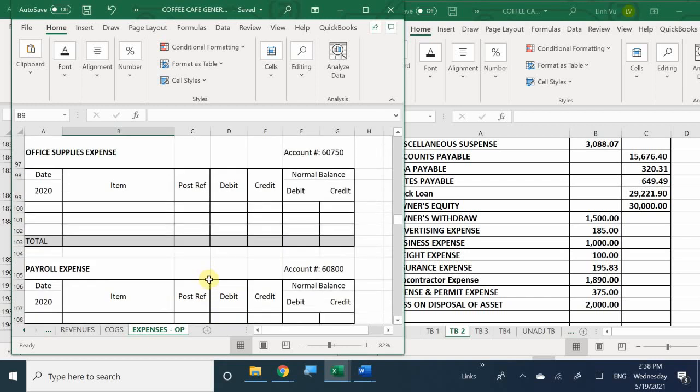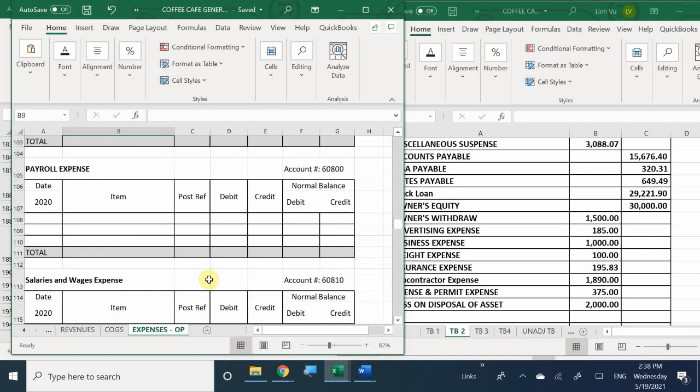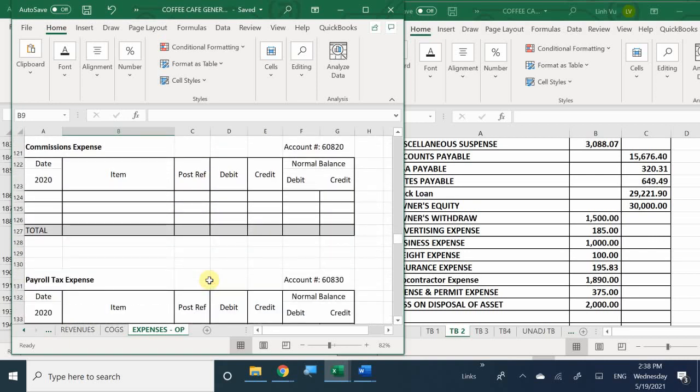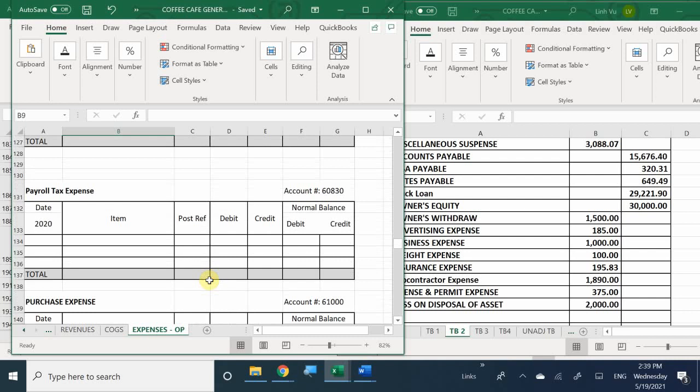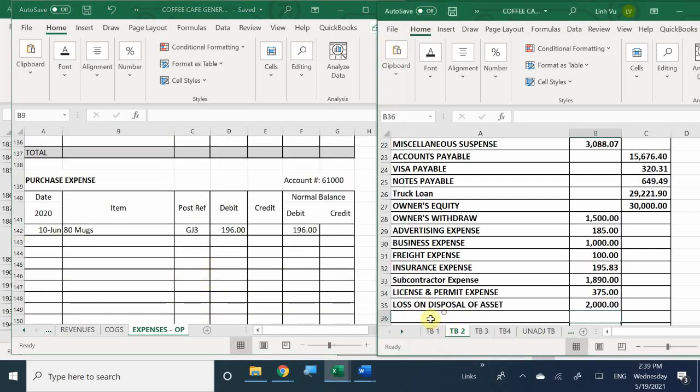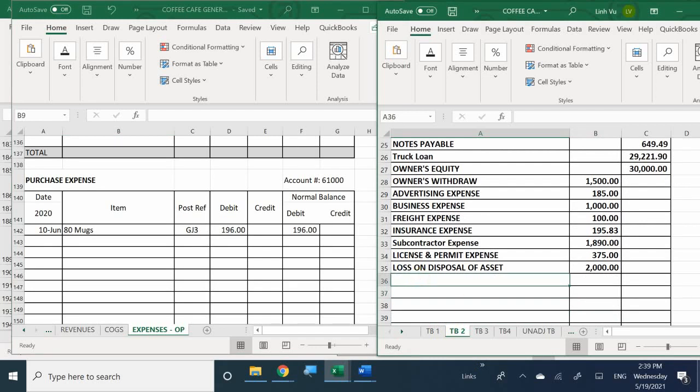Payroll expenses. We have our employees, but we haven't started paying them yet. So no payroll expenses, no salaries, wages, no tax expenses, no commissions expenses. Then next is purchase expense. Why, yes, we did make a purchase expense, for the amount of $196.